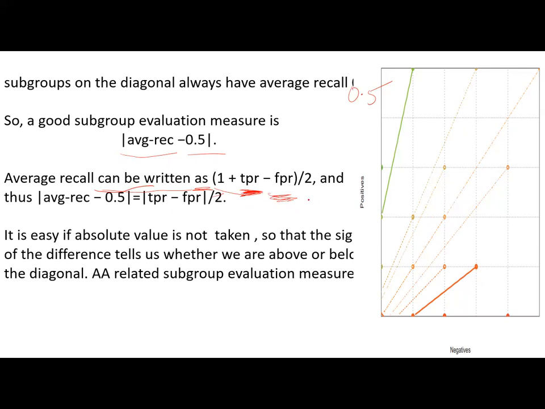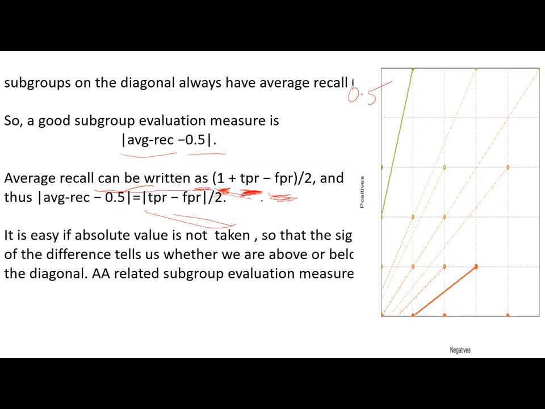And thus we come to the conclusion that average recall minus 0.5 is equal to the absolute value of TPR minus FPR divided by 2.